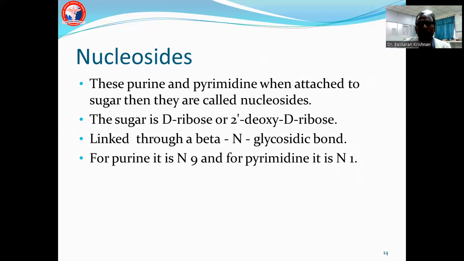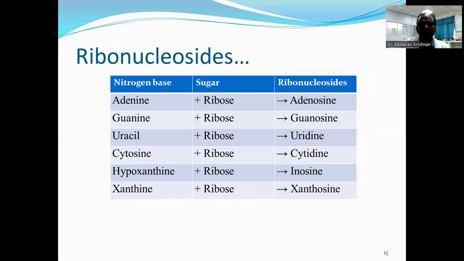They are connected by N-glycosidic bonds, and therefore they are also derivatives of glycoside compounds. In purines it is the N9 position, while in pyrimidines it is the N1 position, where the beta-glycosidic bond connects the base to the sugar.